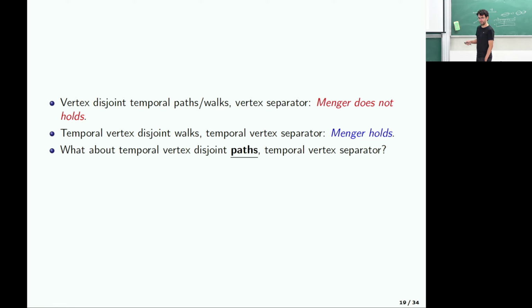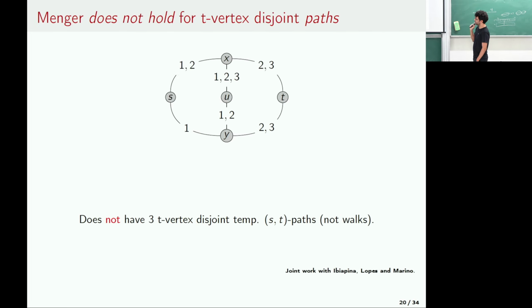And now I'm going to mix both things: temporal vertex disjoint paths, not walks, separated with temporal vertices. So that also doesn't hold in general.